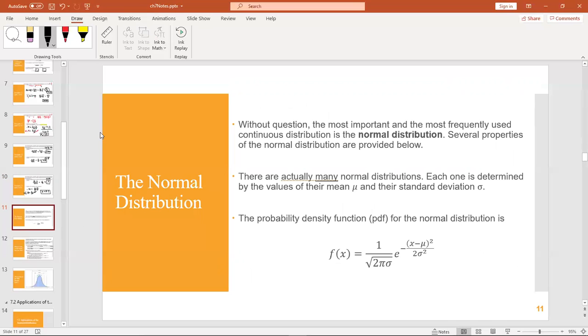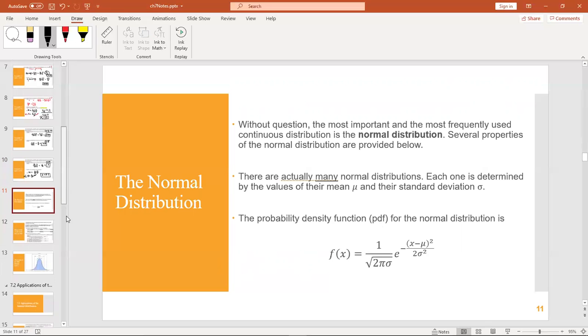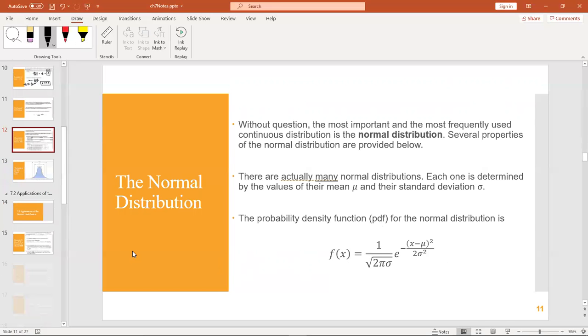This is what's known as a bell curve. And it has a very, very complicated probability distribution function. If you're interested, there it is. We're not really going to use this formula itself, but that's where it is. It's kind of hideous, but so there you go.